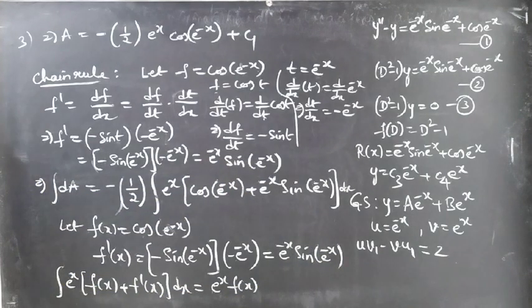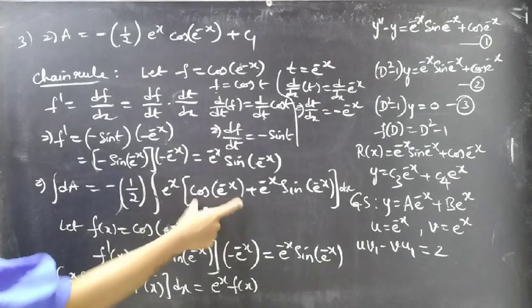You'll get the same thing. Either you can find directly the derivative of cos e power minus x like this, or you can apply chain rule and apply this formula to evaluate this integral.